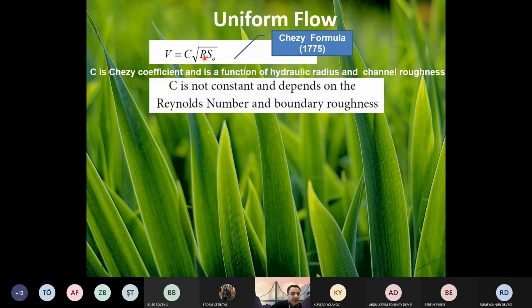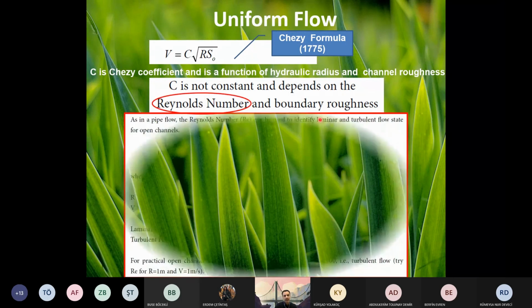When we have higher roughness, water cannot move at higher velocity. It can be said that the higher the roughness, the lower the velocity. C is not a constant and depends on the Reynolds number and boundary roughness. In fluid mechanics we use Reynolds number; in hydraulics we say boundary roughness or simply roughness.